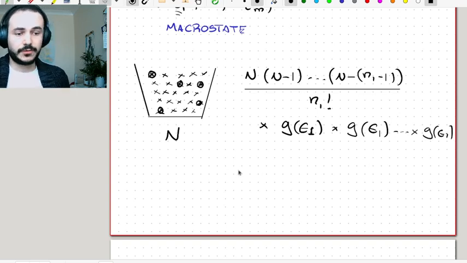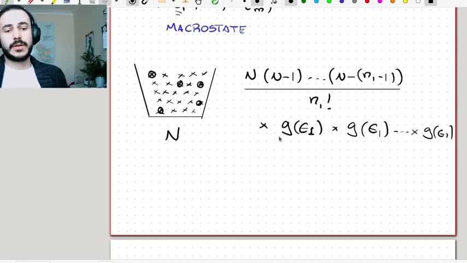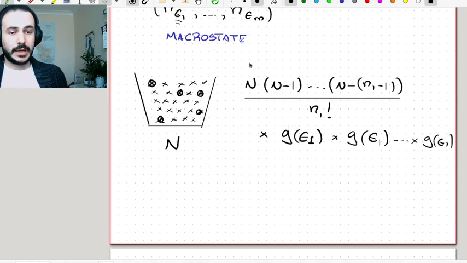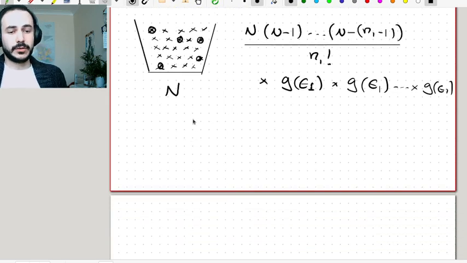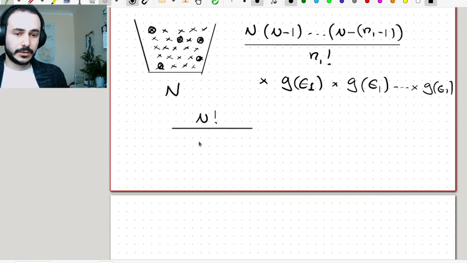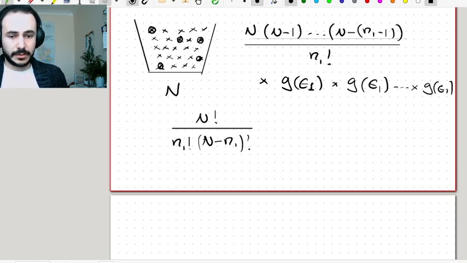So when it comes to the choice of our first group of N_E1 particles out of our box, we have a total of n factorial, if you want, divided by (n minus n1) factorial. Okay, this ratio makes this numerator here, and this divided as well by n1 factorial.